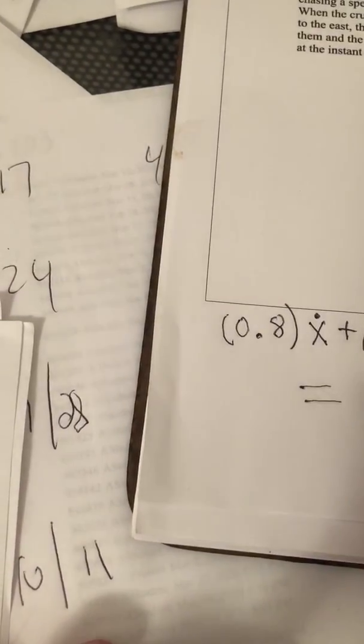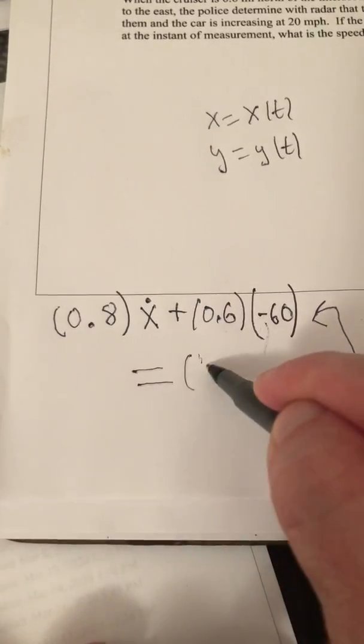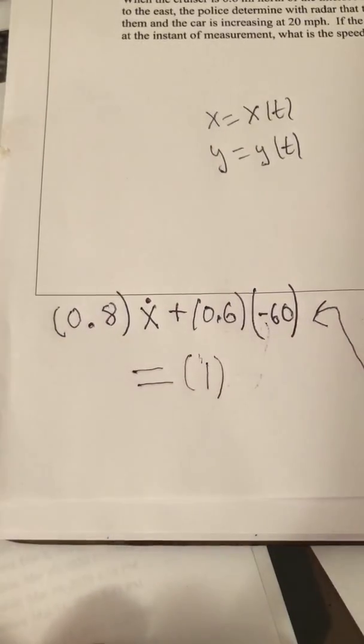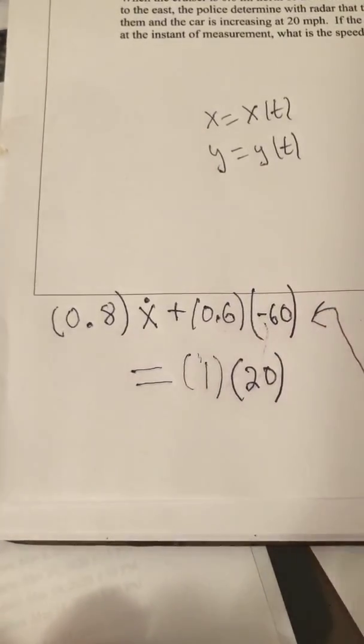So we have on the right-hand side 1 times d dot, which again we were told is 20.